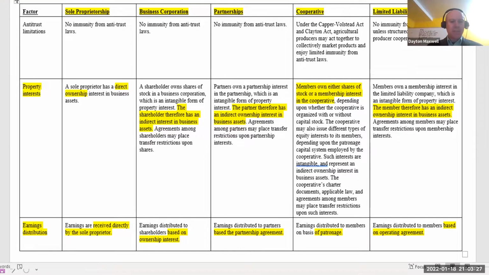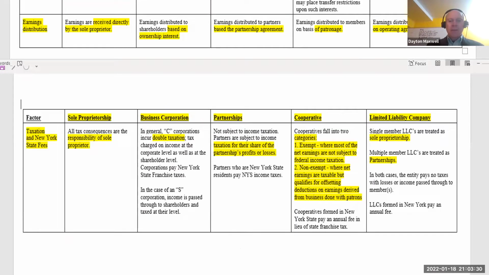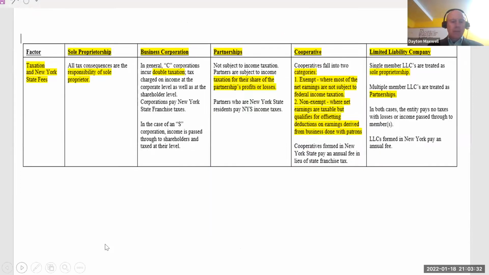So a lot of advantages there. My recommendation is for small farm businesses, LLC offers the most flexibility. Work with an attorney to set that up.